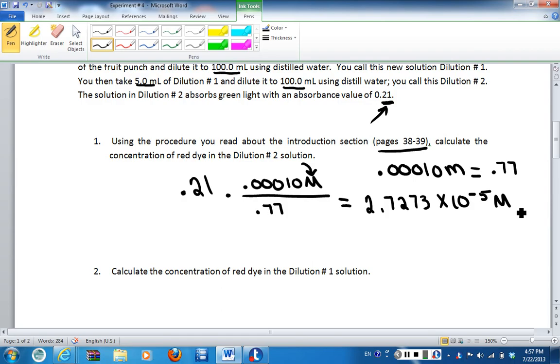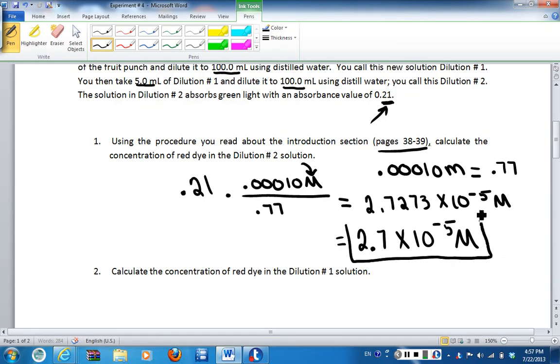So for this problem, my final answer would also have 2 significant figures. My answer would be 2.7 times 10 to the negative 5 molar. So we've now determined the concentration of red dye in dilution number 2.